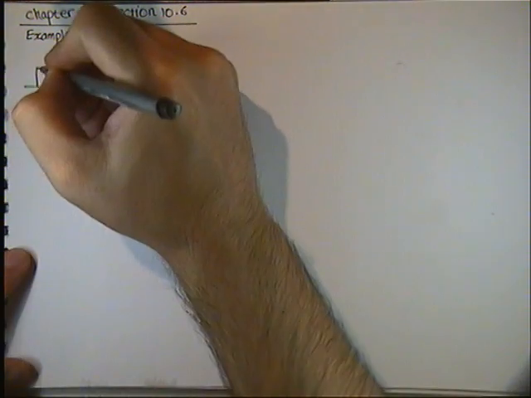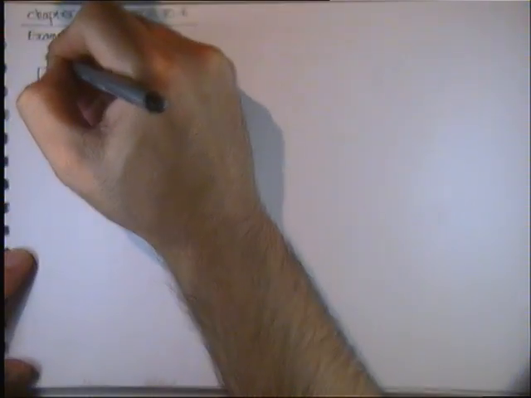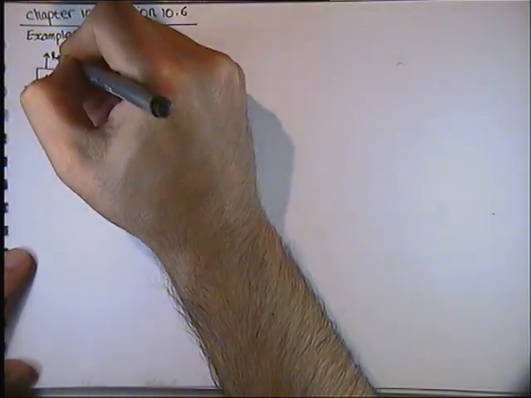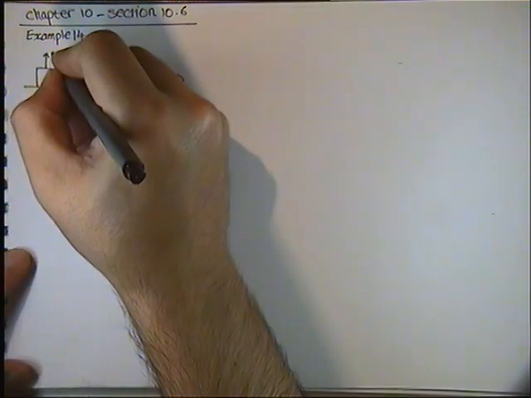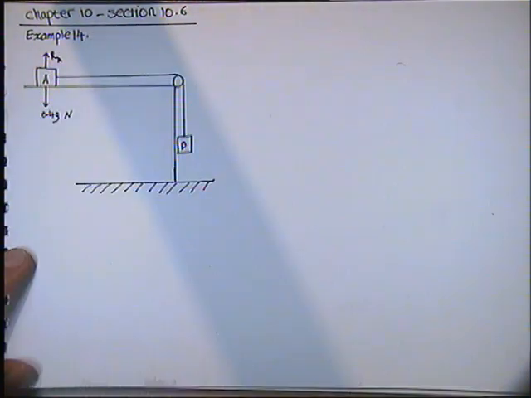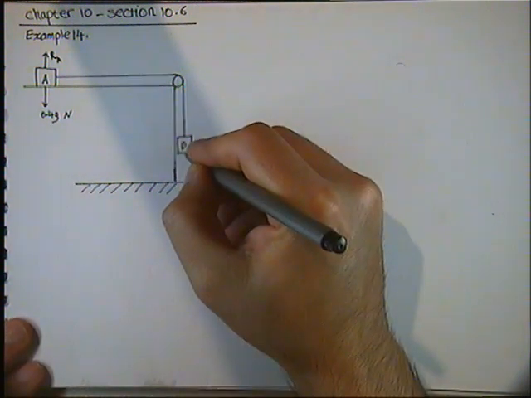Of course, there should be a reaction force for A from the table. Let's call it R of A. However, most likely we won't need this. And 0.8 kg for B.